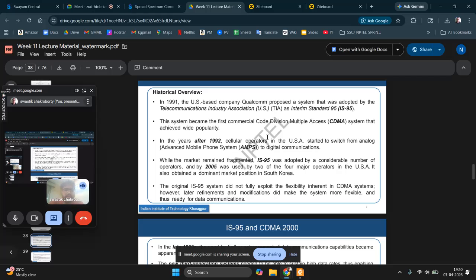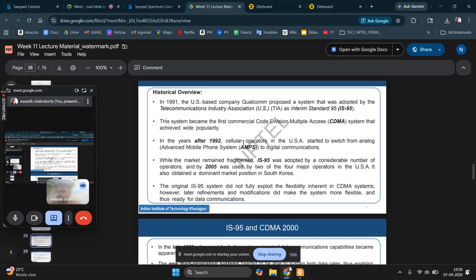In 1991, the US based company Qualcomm launched IS95, which is Interim Standard 95. And the system became the first commercial implementation of CDMA.